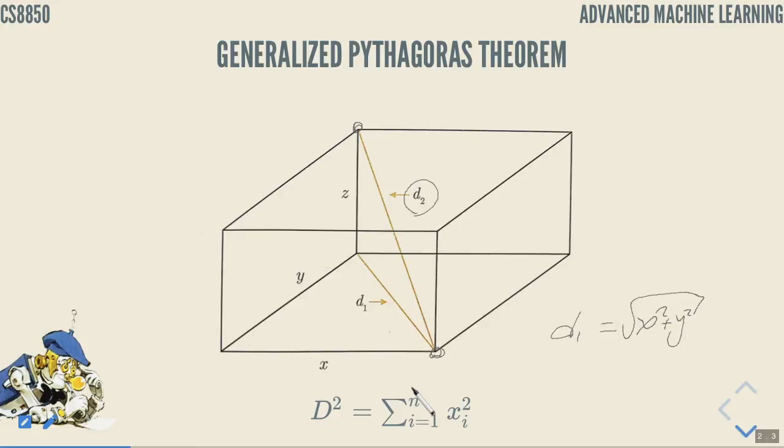But then D2 is nothing but square root of D1 squared plus Z squared, which together is simpler expressed as a sum of squares, right? So, well, let me simplify. X squared plus y squared plus z squared.